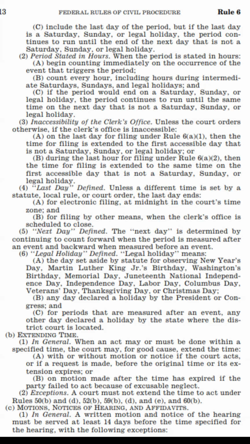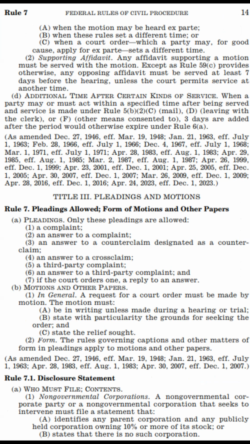C. Motions, notices of hearing, and affidavits. 1. In general. A written motion and notice of the hearing must be served at least 14 days before the time specified for the hearing, with the following exceptions: A. When the motion may be heard ex parte.